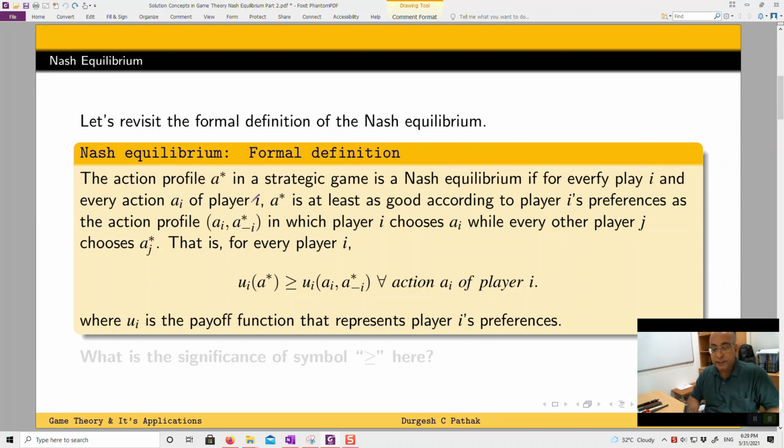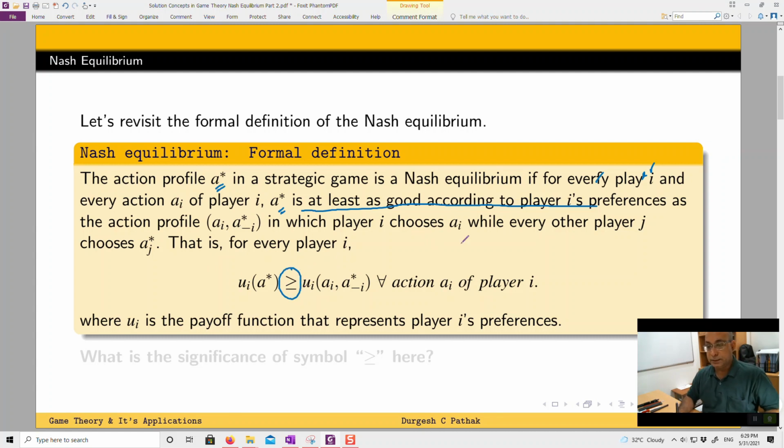We formally define it as: an action profile a star in a strategic game is a Nash equilibrium if for every player i and every action a_i of player i, a star is at least as good, according to player i's preferences, as the action profile (a_i, a star minus i), in which player i chooses a_i while every other player j chooses a_j star.